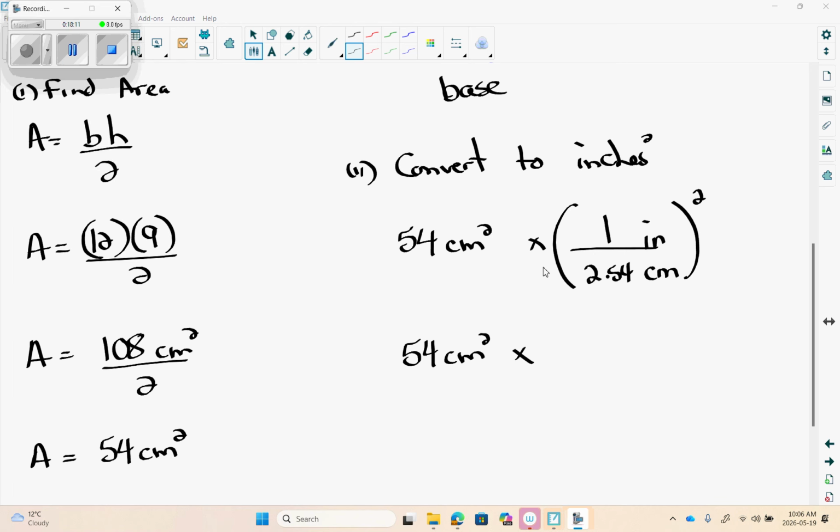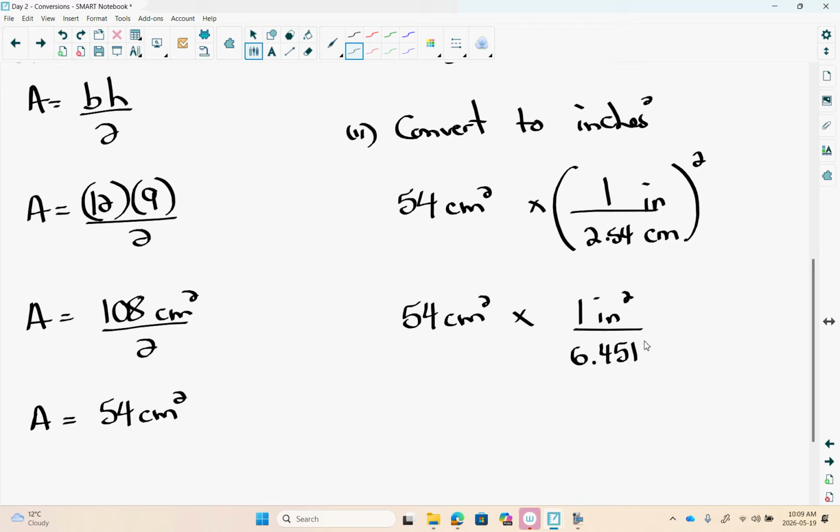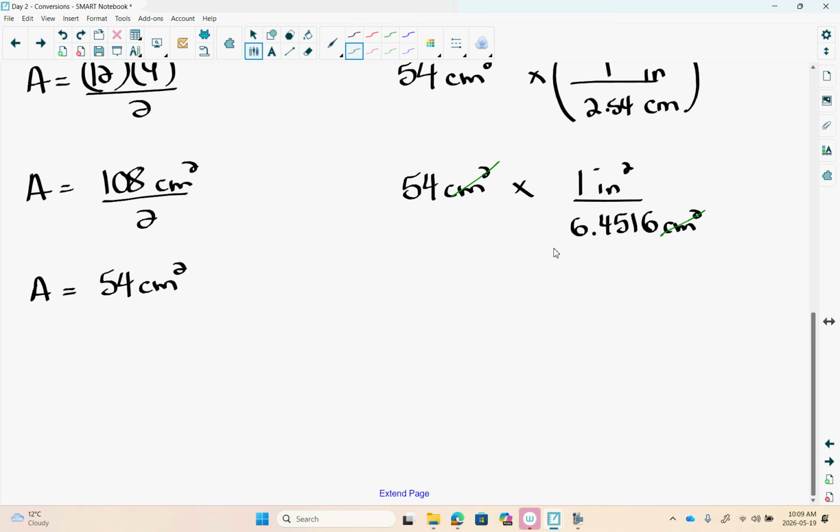If I square this, I'm going to get 1 square inch. If I square the bottom, 2.54 to the power of 2 gives me 6.4516. And that would be centimeters squared. And now we can see that these units will cancel these units. If I multiply top by top, 54 times 1 gives me 54 inches squared.